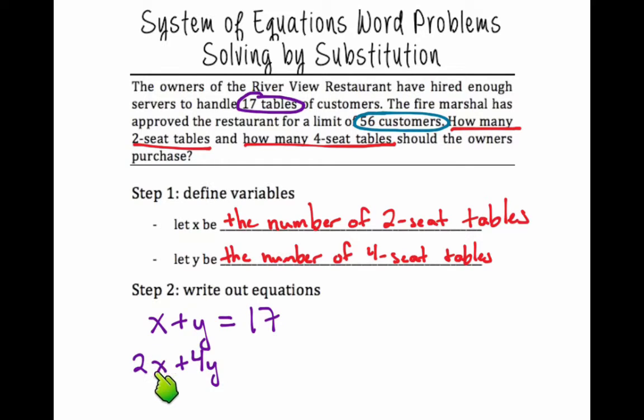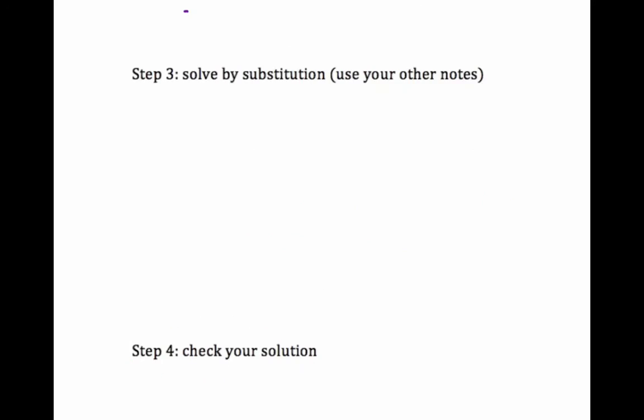So this is how many people can sit at our 2-seat tables, plus this is how many people can sit at our 4-seat tables. And how many people total should that be according to the fire marshal? Right, 56. Okay, now we have our equations, and we're going to use those to solve by substitution.